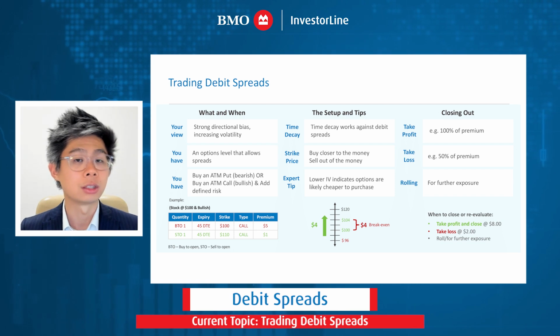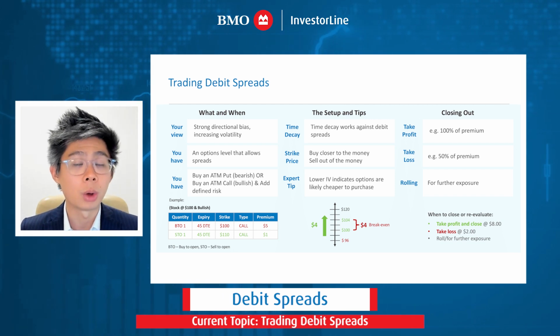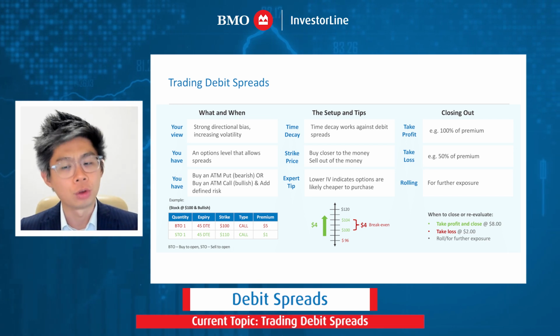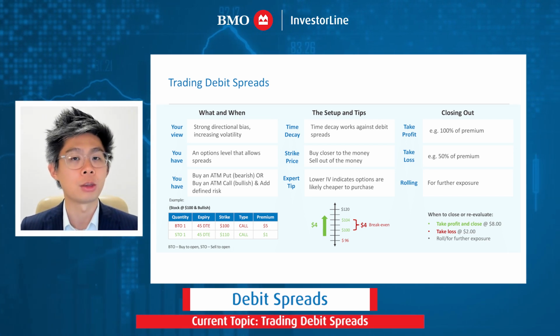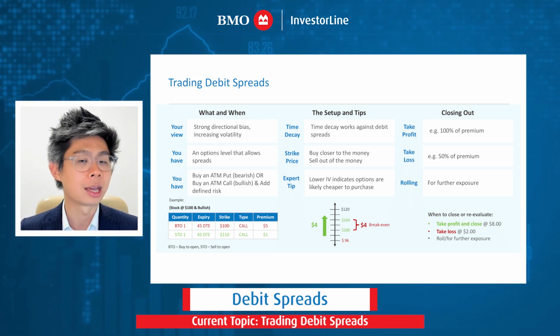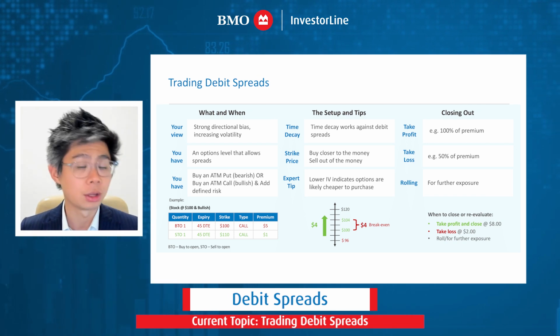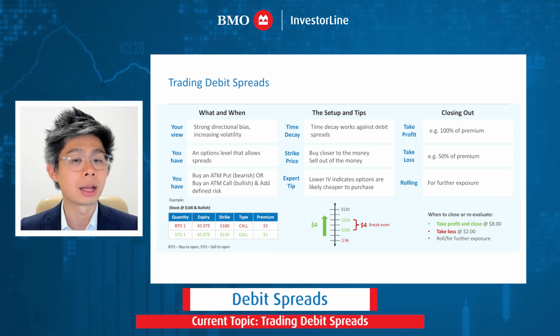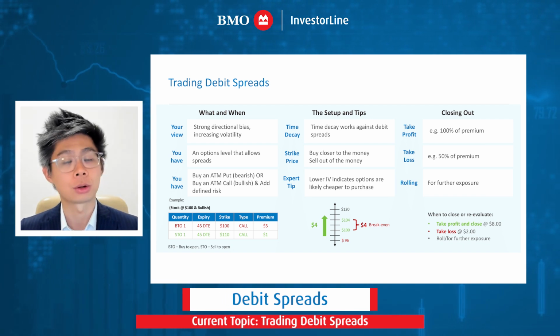Vice versa, if let's say you paid $1 for a call option and now it's trading for 50 cents, so you've lost 50% of the premium that you paid, that's usually a good indication that the view that you have on the underlying security has not panned out, and it's certainly unlikely to pan out in the time frame that you're expecting it to.